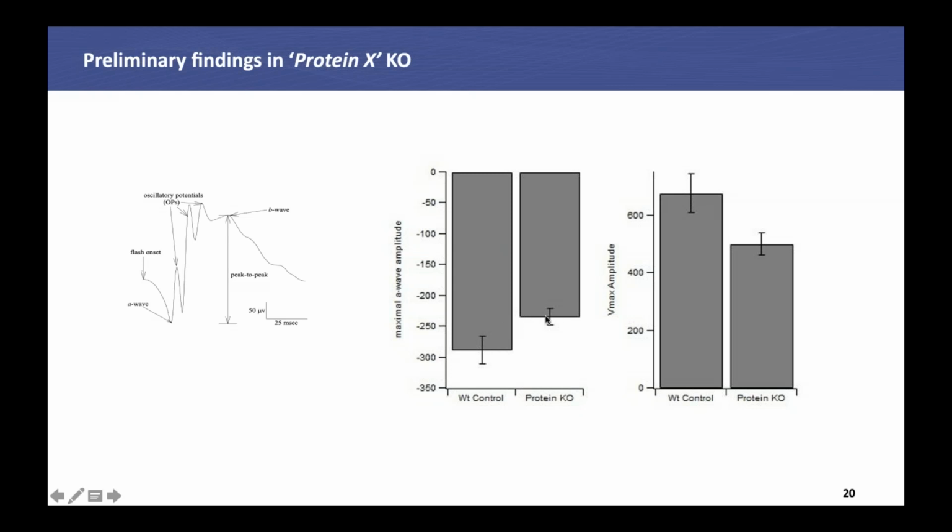In these animals, you can see that they're a little bit lower, not much, but a little bit lower. There's something going on. We need to see whether this gets enhanced or washed out as we add more of these knockout animals. Correspondingly, whatever happens in the photoreceptor is carried downstream, and you can see a slightly lower amplitude on the Vmax in these animals.